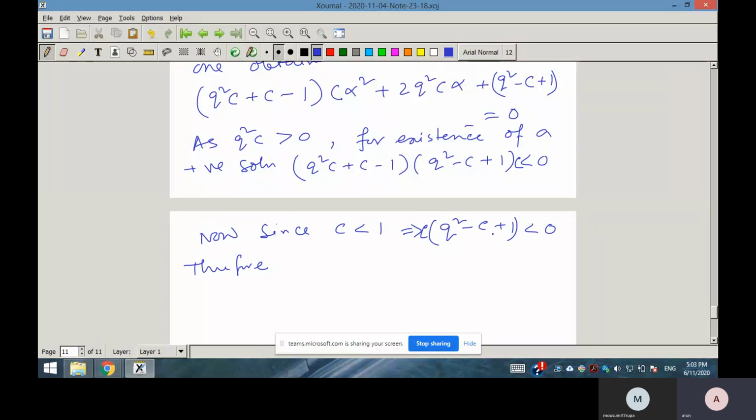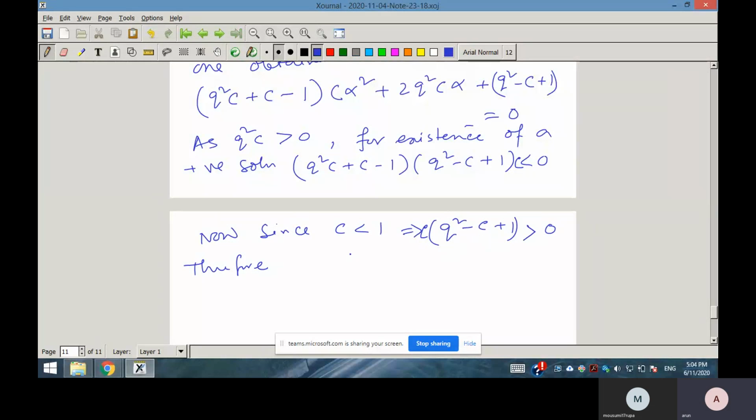Okay, c is greater than 0, and 1 minus c is greater than 0, so this should be greater than 0.